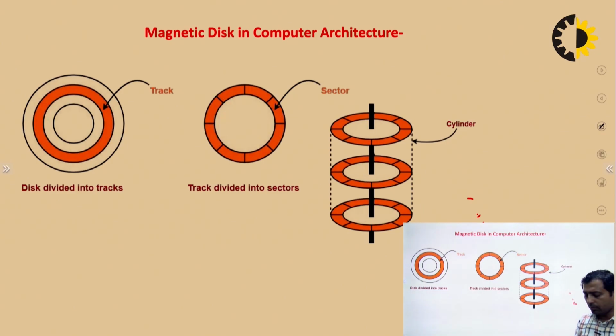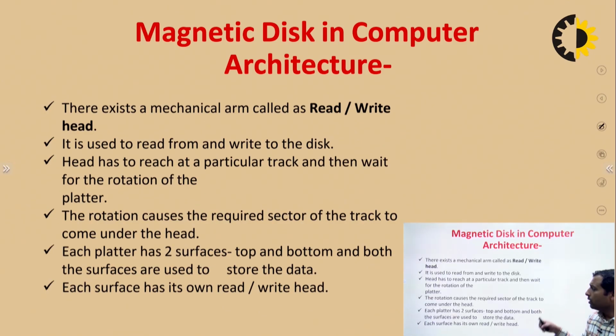The rotation causes the required sector of the track to come under the head, and each platter has two surfaces. One is the top surface and another is the bottom surface. Both surfaces are used to store data, and each surface has its own read-write head, one for the upper side and one for the bottom side.